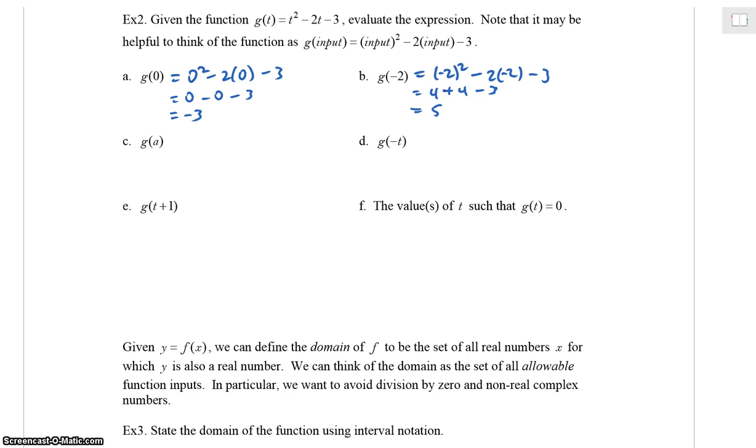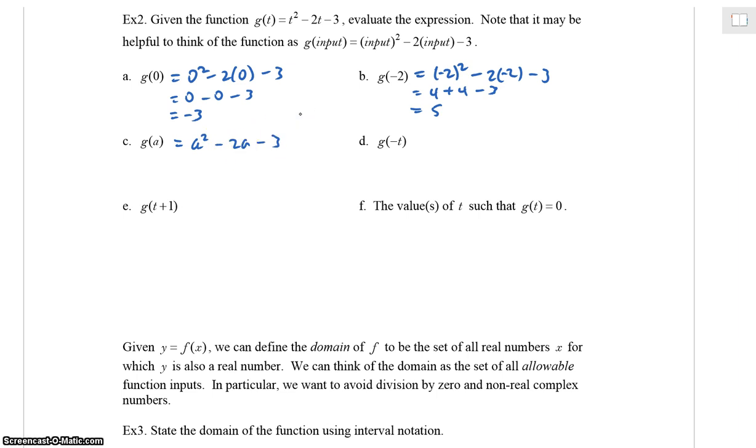Part C, g of a. Well, here t is equal to a, where a would be thought of as some unspecified numerical value. So g of t says you square t, you subtract 2 times t, then you subtract 3. In this case, t is equal to a, so we're going to square a, subtract 2 times a, and subtract 3.